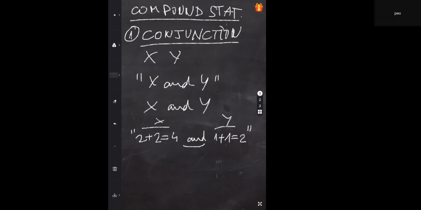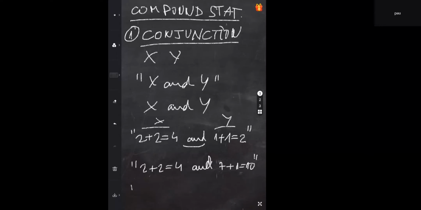So this conjunction of two statements is true. While 2 plus 2 equals 4 and, whoops, I don't know, 7 plus 1 equals 10 is not.